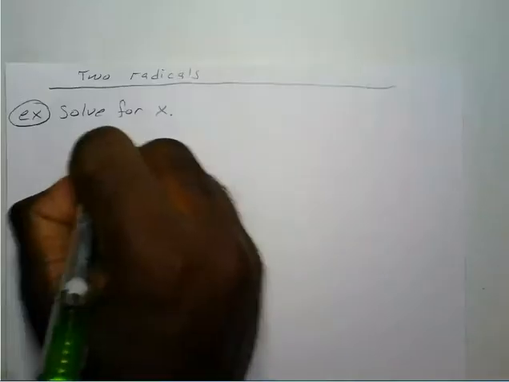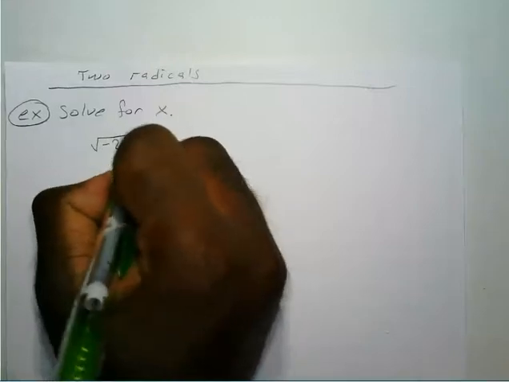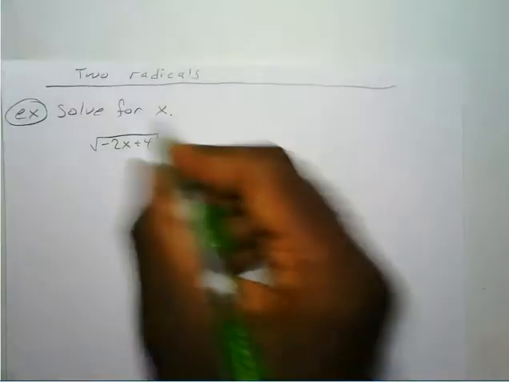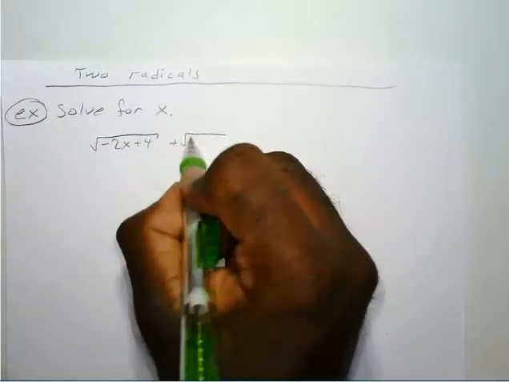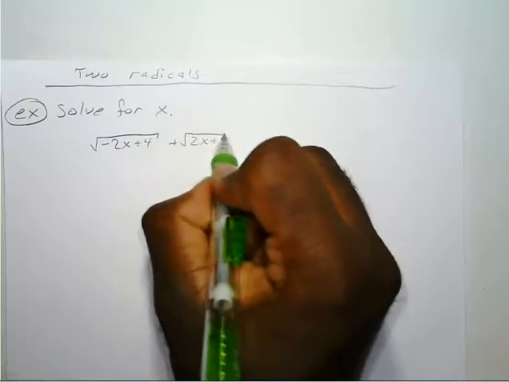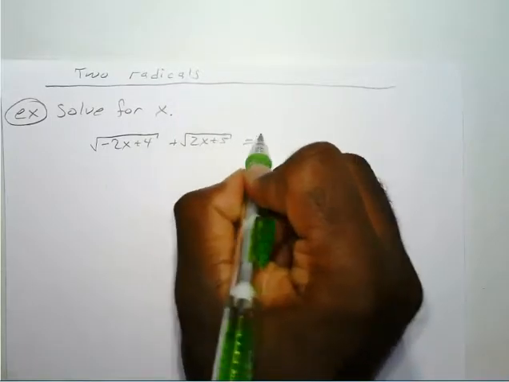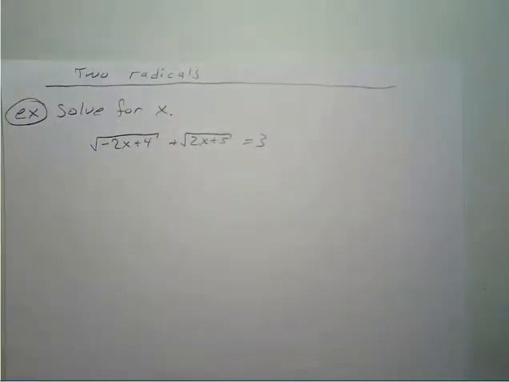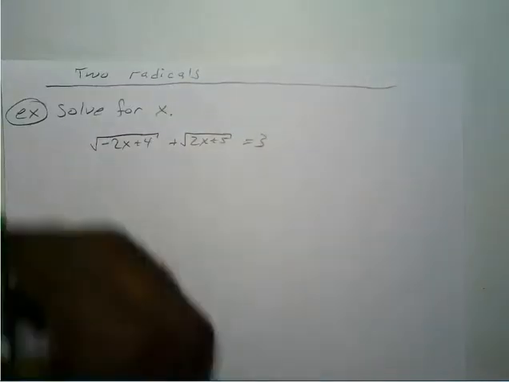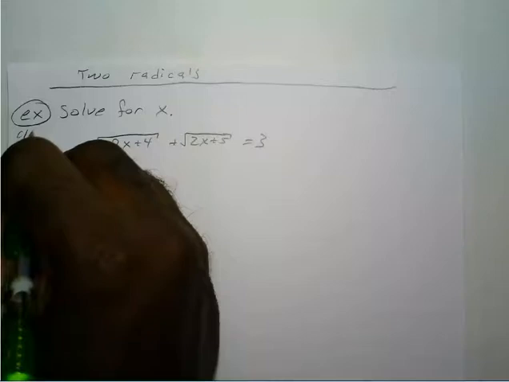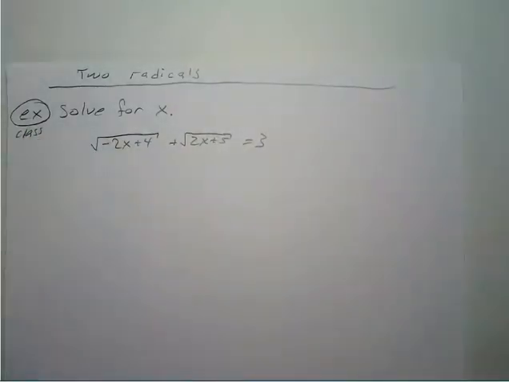And you have the square root of negative 2x plus 4 plus the square root of 2x plus 5 equals 3. All right, now just to see how well you can do this on your own, go ahead and give it a try.